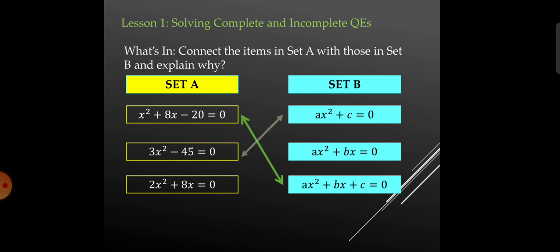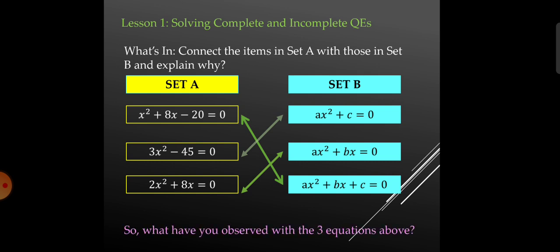It is connected with the first item in set B, wherein the equation is ax squared plus c equal to 0, given the first term and the third term of the quadratic equation. And lastly, 2x squared plus 8x equal to 0 is connected to ax squared plus bx equal to 0, wherein the equation is composed of the first term ax squared and the second term bx.